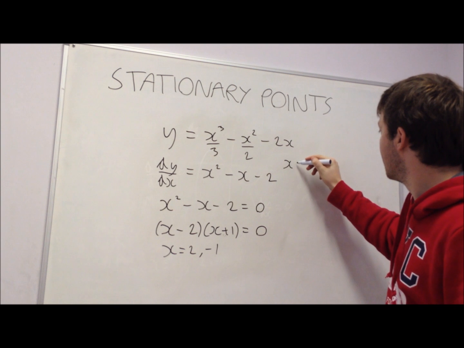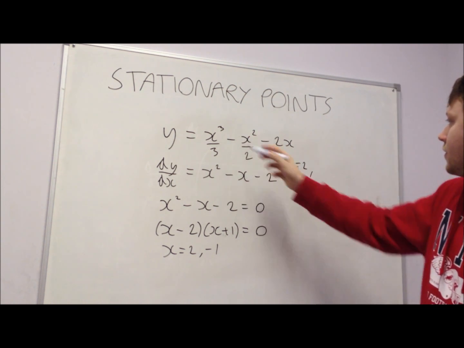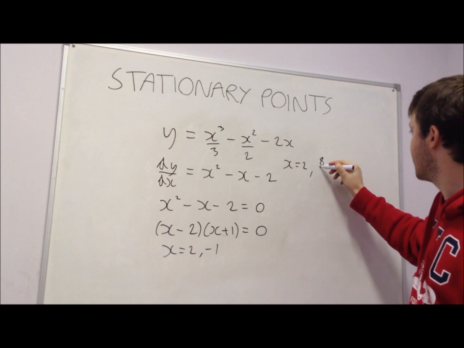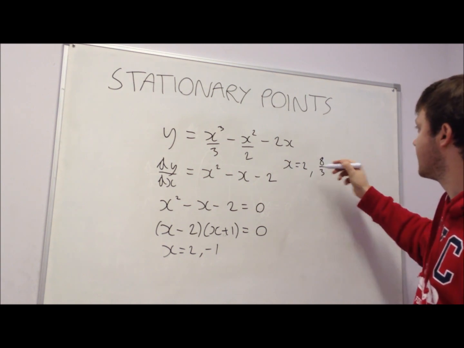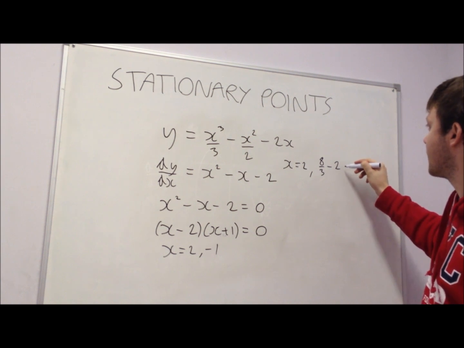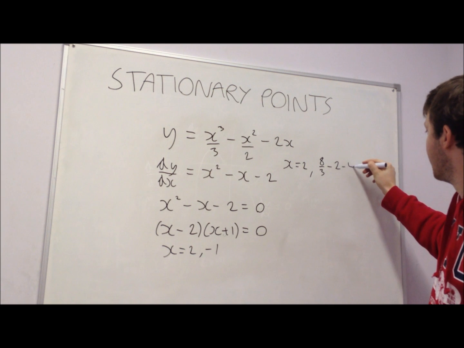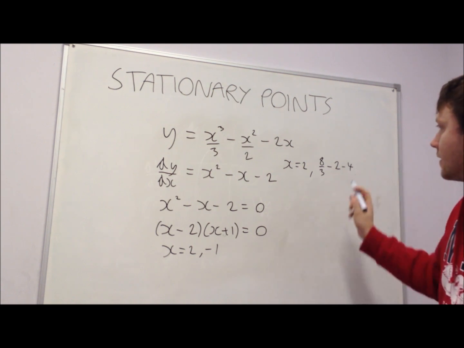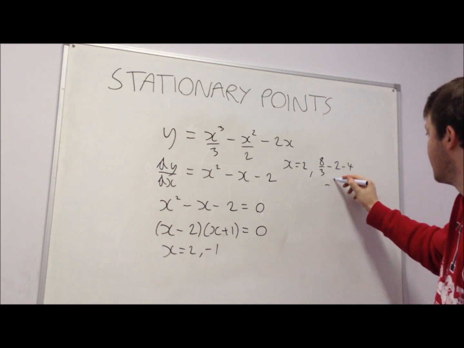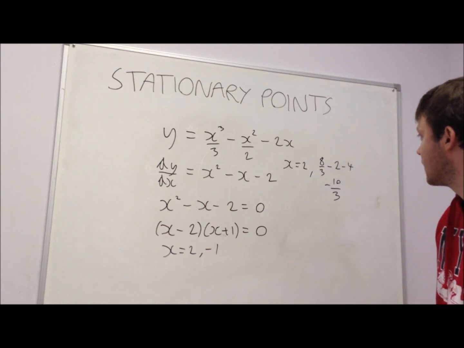So when x equals 2, 2 cubed over 3 is 8 over 3 minus 4 over 2 cancels down to 2. And that becomes minus 2 times 2 minus 4. And then that simplifies to minus 10 over 3.